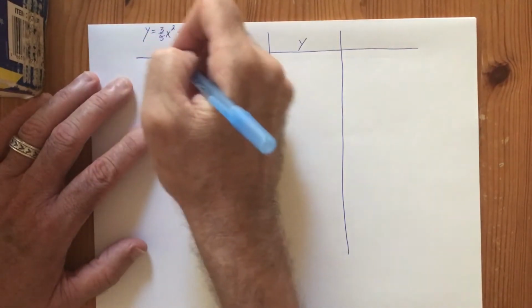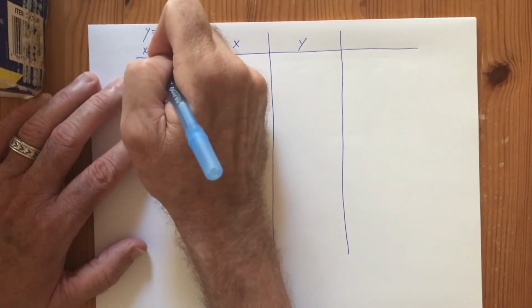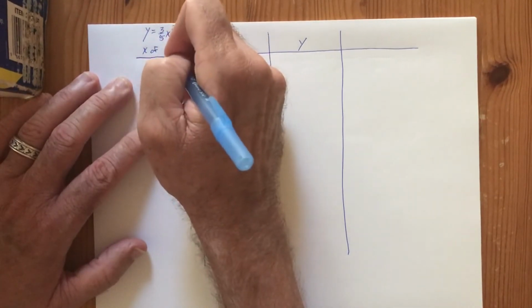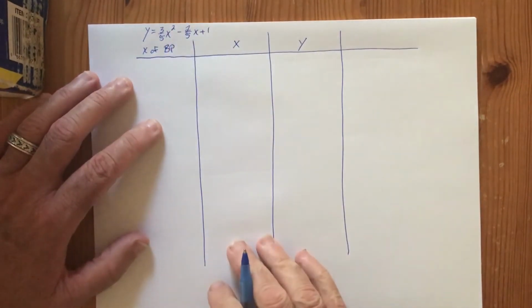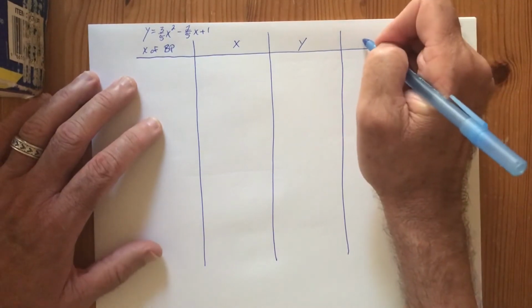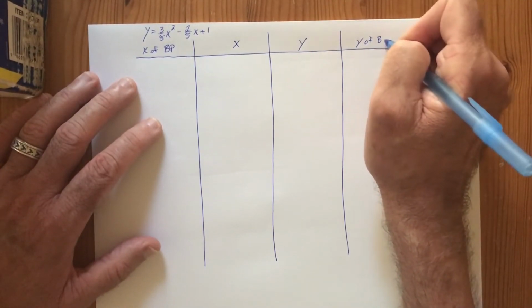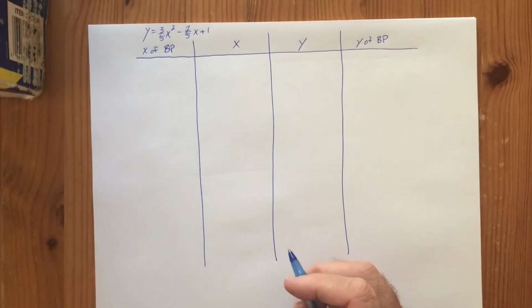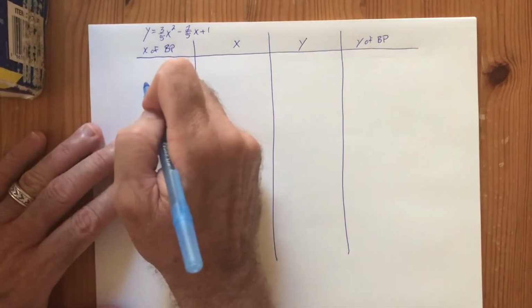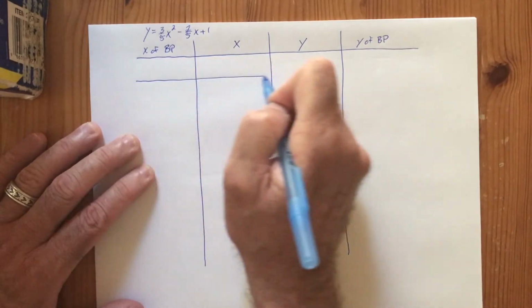In our first column, we have the x-coordinates of the basic parabola, and in our last column, we have the y-coordinates of the basic parabola. We are going to modify these somewhat, and we'll do this in just a moment.